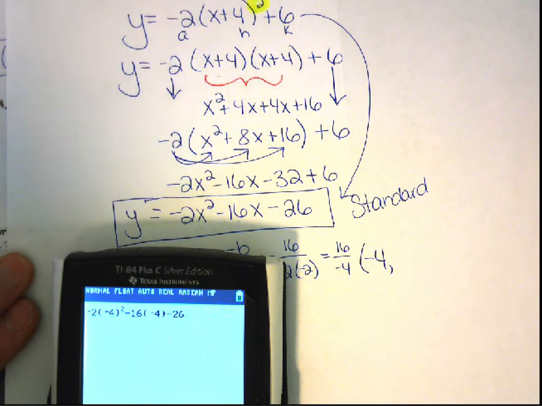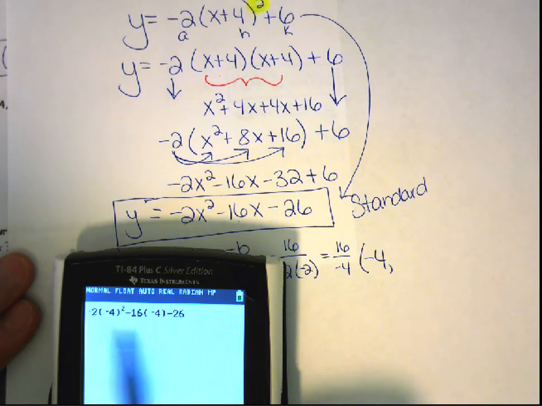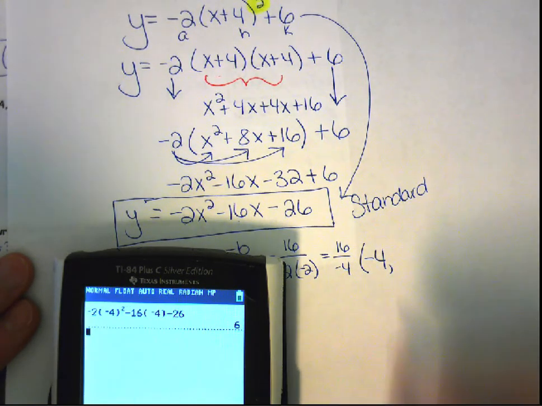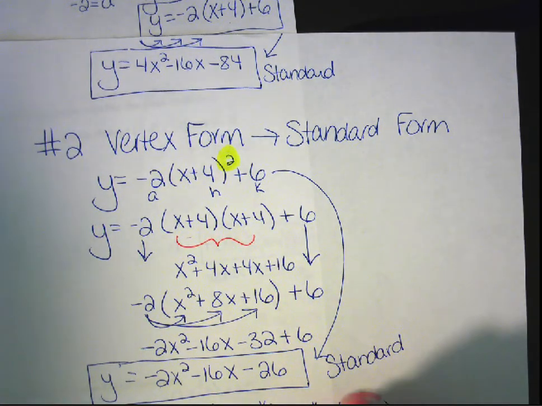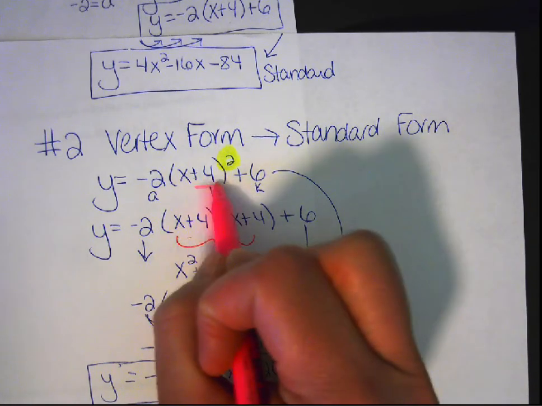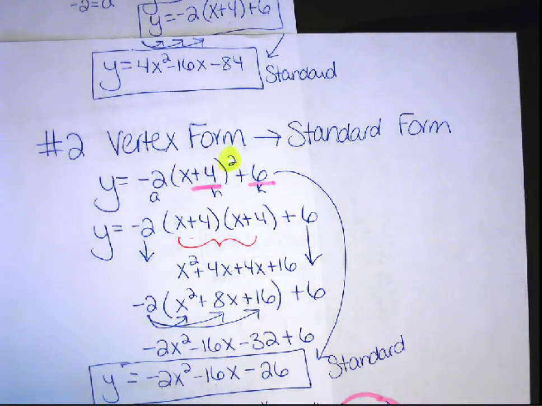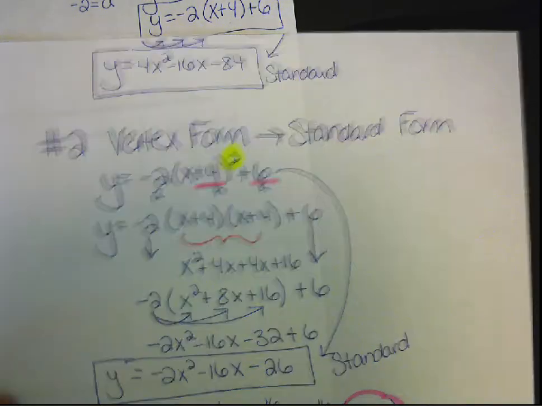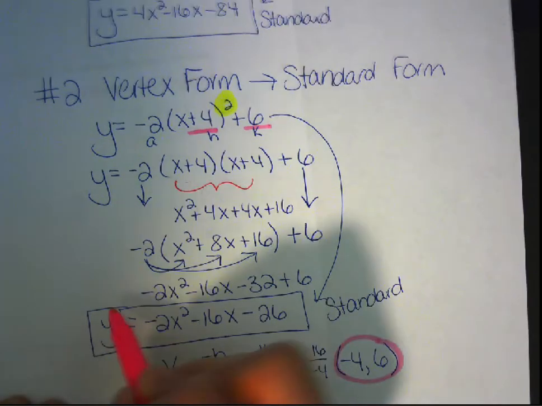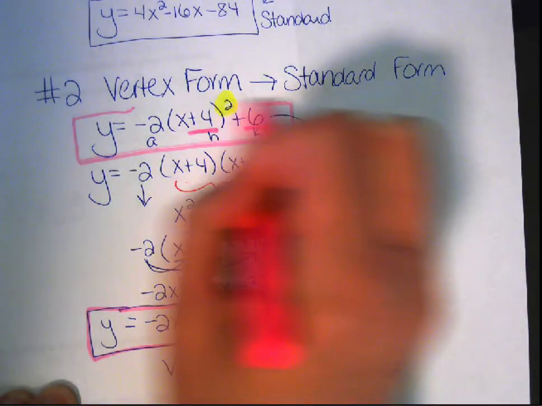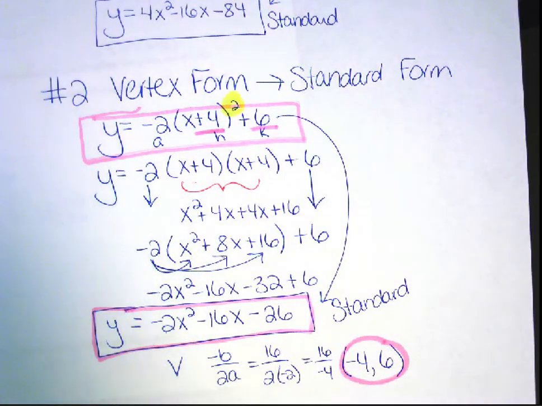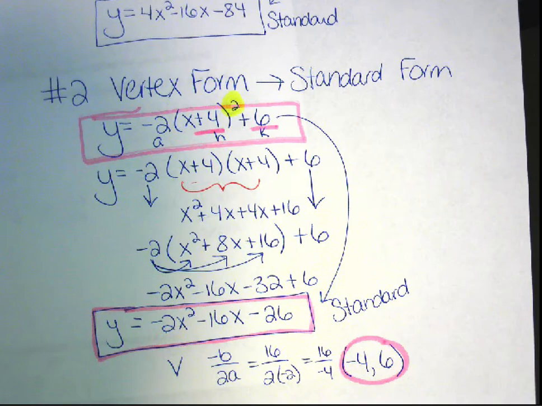So every time I saw the X, you see how I just replaced it? And I get a 6. Look at my vertex. Negative 4, 6. Negative 4, 6. So I know that my equation is correct. So technically, these two, even though they look drastically different, are the exact same graph.